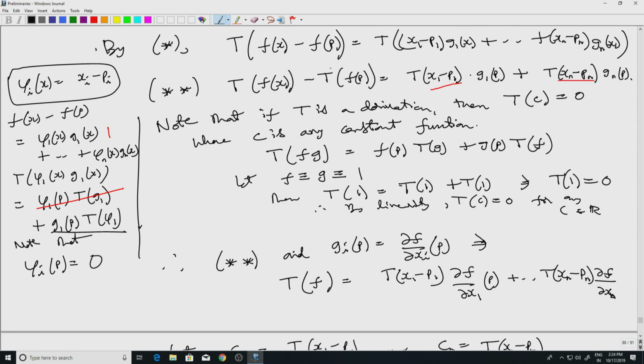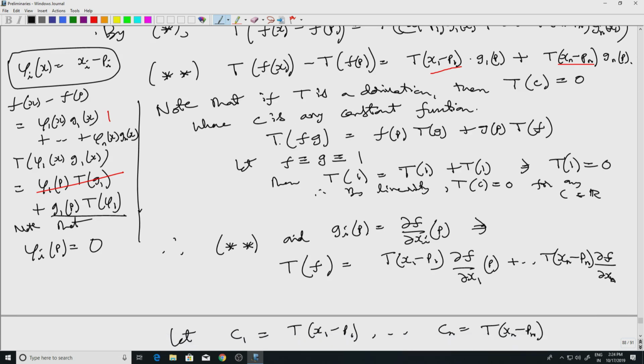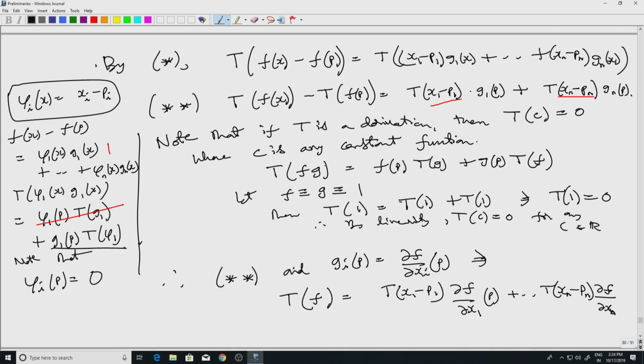Now here on the left side, in order to get rid of the second term T of constant, we have to make a small observation: if we have any derivation, then T of the constant function c is 0, where c is any constant function. This follows immediately from the Leibniz rule.